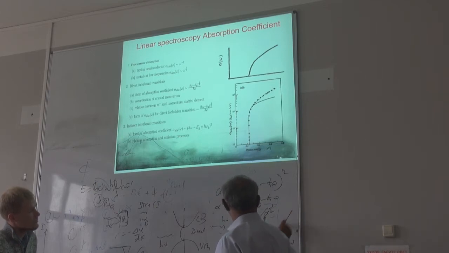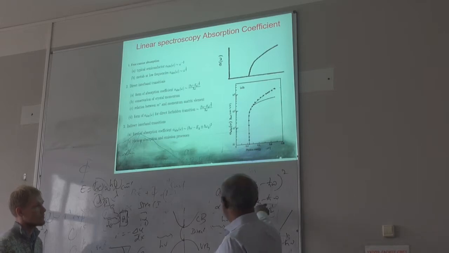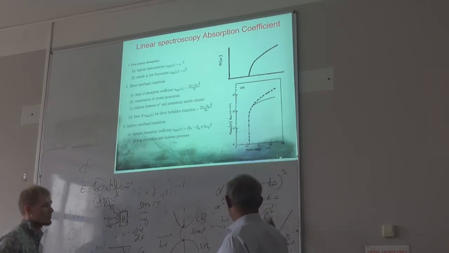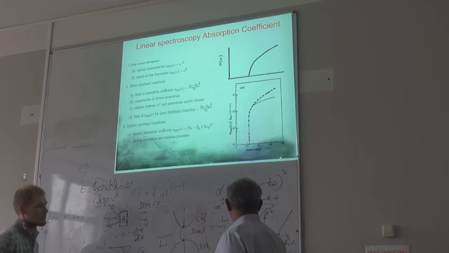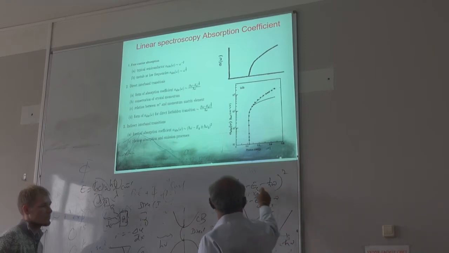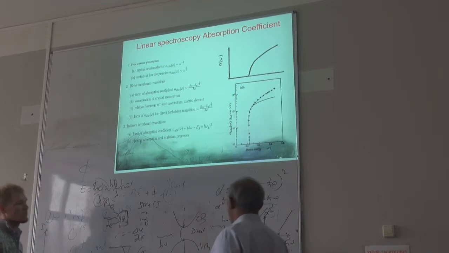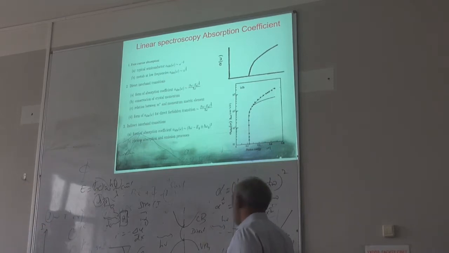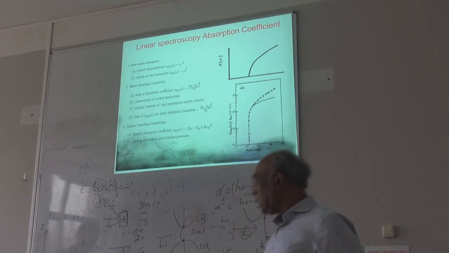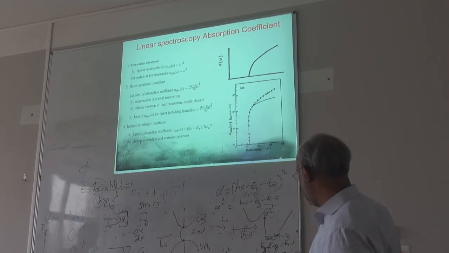This will give you a straight line, but the intercept is Eg minus h cross omega, where this is your phonon term. But this is very small, so you can take this as your band gap. Here I have drawn that one.